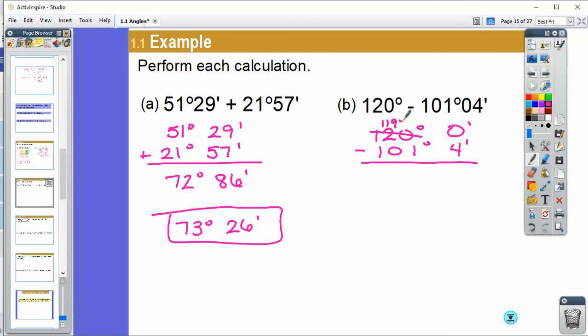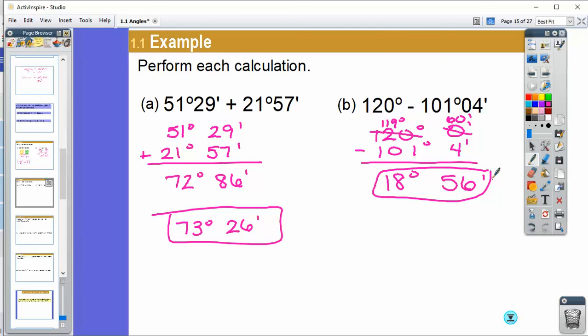That's 119 degrees, and it brings over 60 minutes. So 60 minus 4 is 56. 119 minus 101 is 18. 18 degrees, 56 minutes. Okay with everyone?